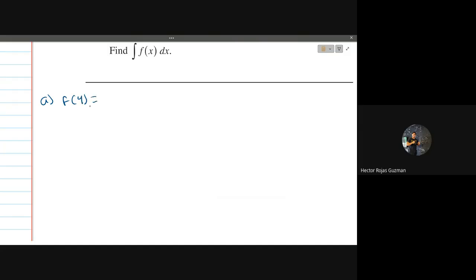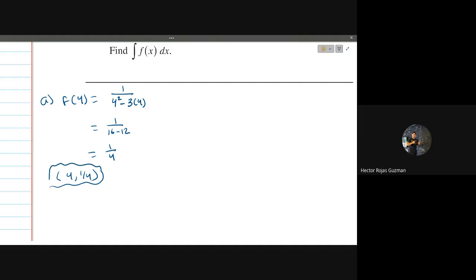They already told us what f of x is. It's 1 over x squared minus 3x. Finish it, get the point. This is 1 over 16 minus 12, which is 1 over 4. So my point is this.